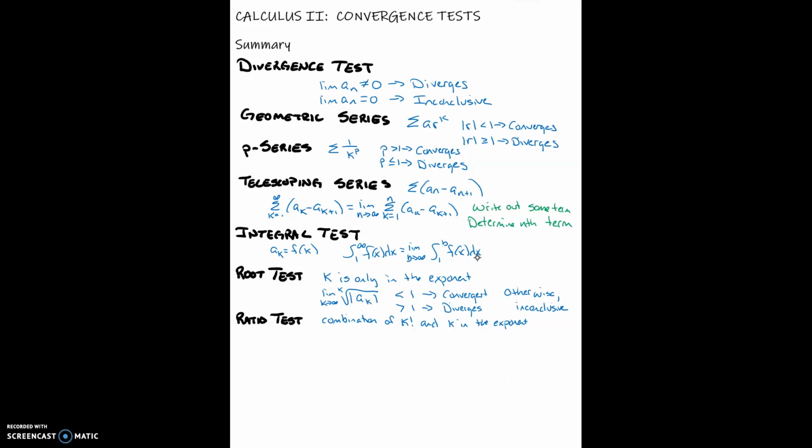Quick review of that one. In this case, we take the limit as k goes to infinity of the absolute value of the a sub k plus 1 term divided by the a sub k term. If that limit is less than 1, then the series converges.